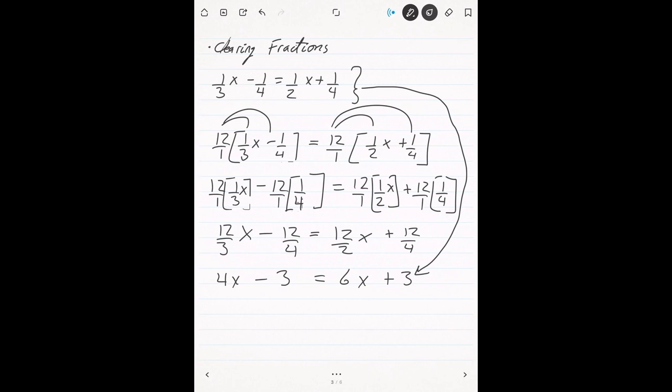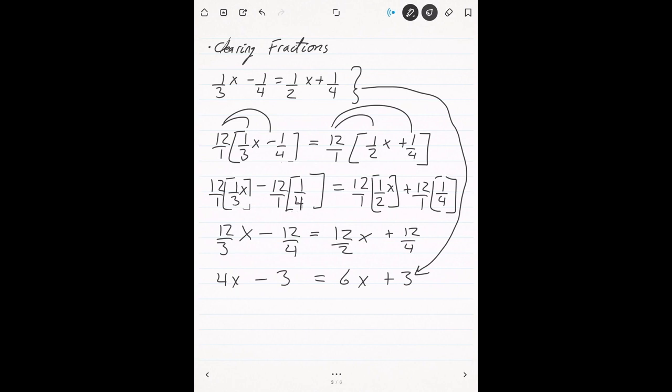This is the technique of clearing fractions. If you want to get rid of the fractions, which really means you want to get rid of the denominators, multiply both sides by a number big enough that it cancels out all of the denominators, okay? That's the goal here. So to get rid of the 3, the 4, and the 2, we multiplied by a number that all of them went into.